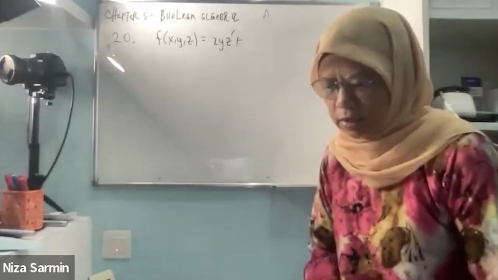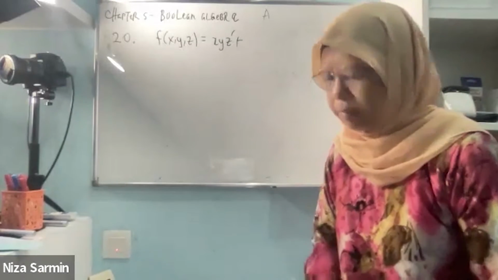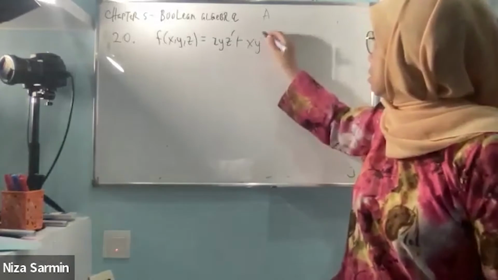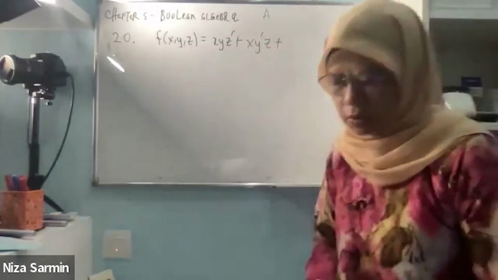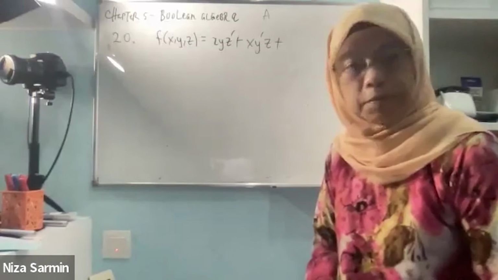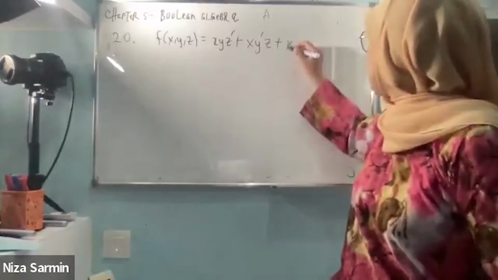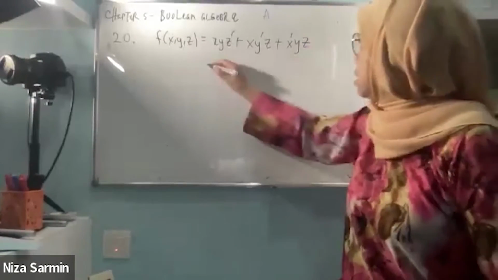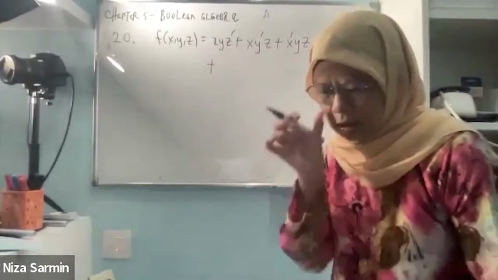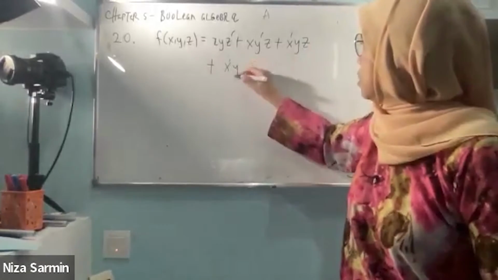The second one is X, Y prime Z. The third one is X prime, Y, Z. And the fourth one is X prime, Y prime, Z.